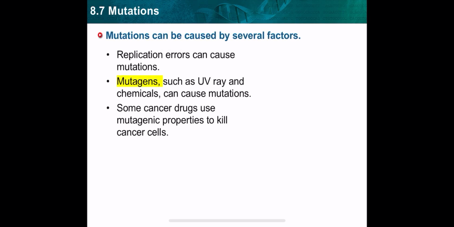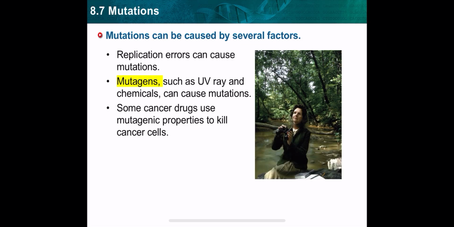What are the mutating factors or mutation causing agents? Mutation causing agents are called mutagens. So mutations can be caused by several factors. Those factors are called mutagens.